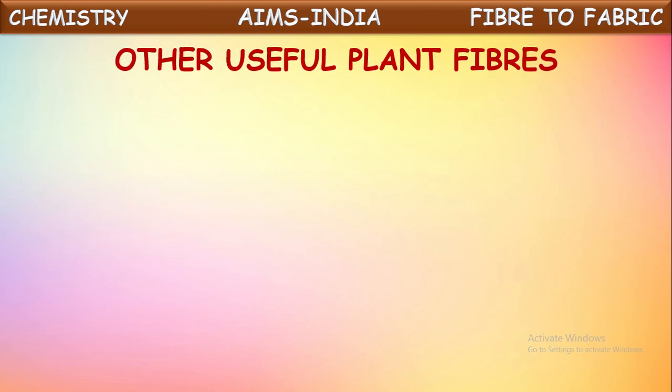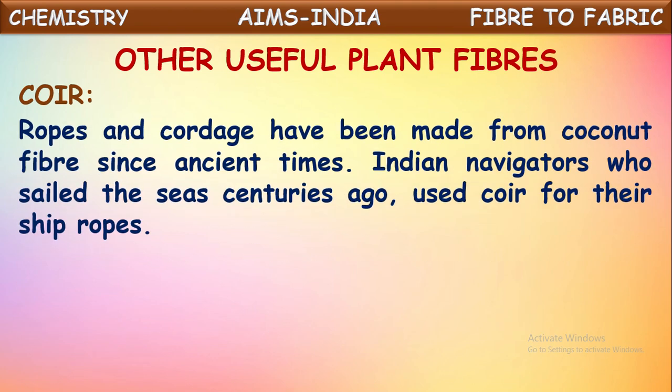Now let us see some other useful plant fibers other than cotton and jute. One of them is coir. Ropes and cordage have been made from coconut fiber since ancient times.